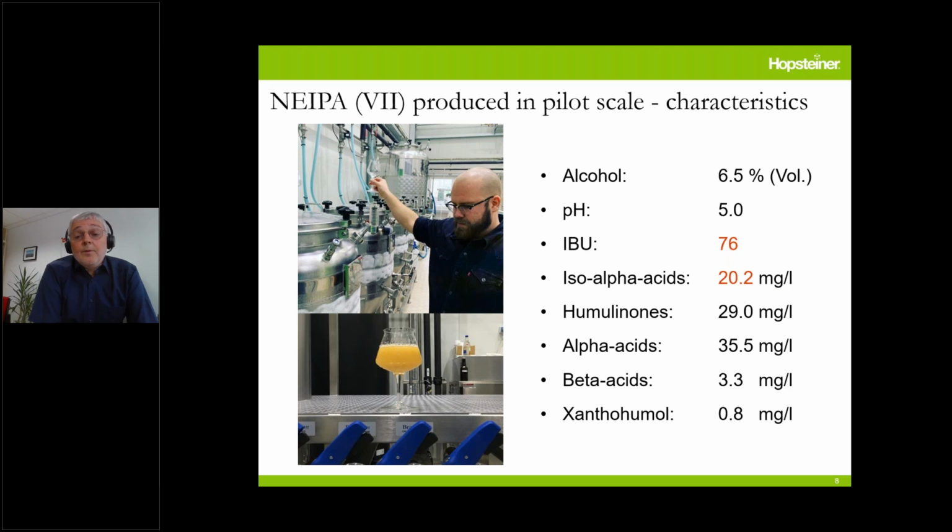But because of the high dosage rates in the whirlpool or later in the cold stage, you have humulinones and alpha acids in pretty high concentrations, and both humulinones and alpha acids are also measured with the international bitter units. So the international bitter unit value is very high, but the isoalpha acid value is very low.